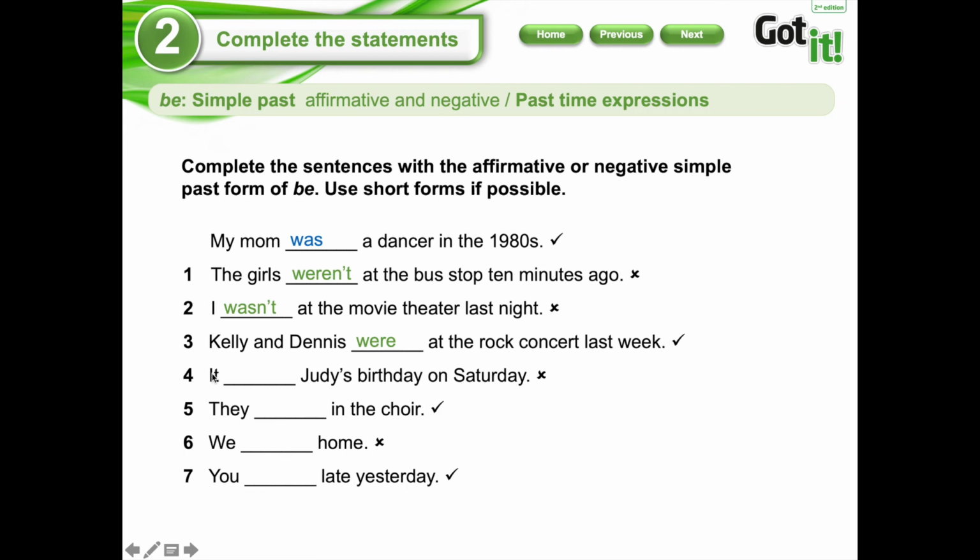Number 4, it, and we have here a negation. It wasn't Judy's birthday on Saturday. Number 5, they, a positive form because we have a ticket. They were in the choir. Number 6, we have a cross, negative. We weren't home. And finally, number 7, you have a ticket, so it's positive. You were late yesterday. Okay, excellent job. Let's go to the second exercise.